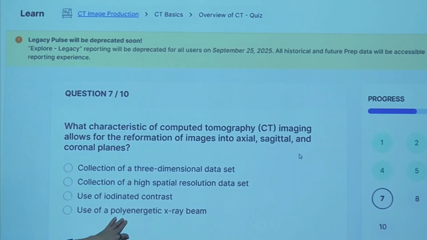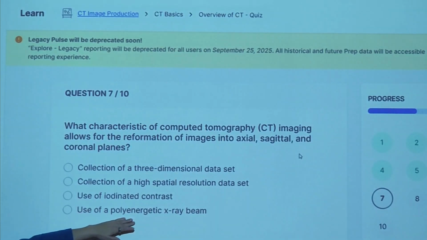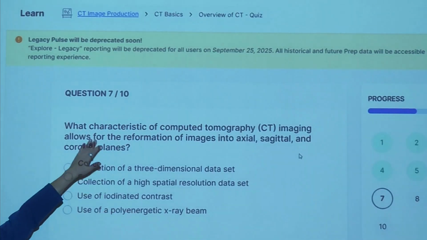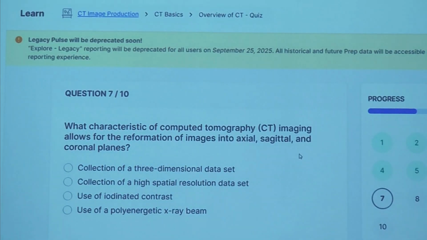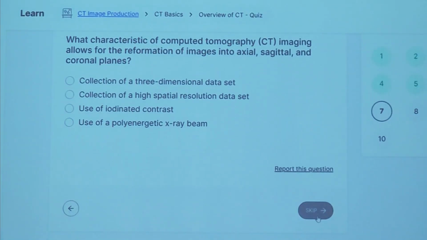We know that there is going to be a 30% difference between the X-rays that come out of that X-ray source, right? They can only peak at your kV peak setting. However, there's going to be energy ranges. So this applies to both X-ray and CT. The question asked specifically about computed tomography. So great work. I like the analysis there. Very good.